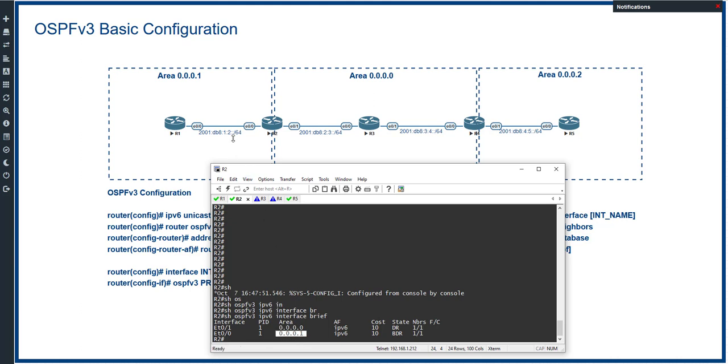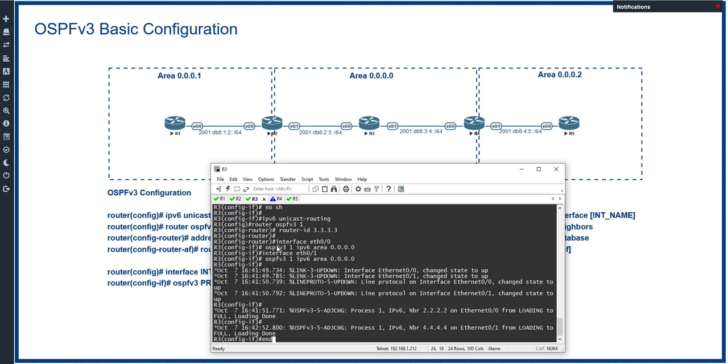ETH00 is residing in area 0001. Both of them are routing IPv6, and the cost of each interface is 10. The state of ETH01 is DR, because here we have DR and BDR, and also we have one neighbor.